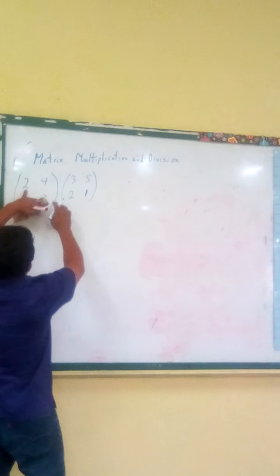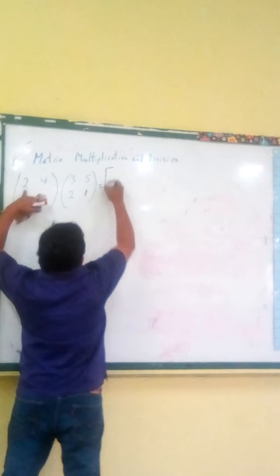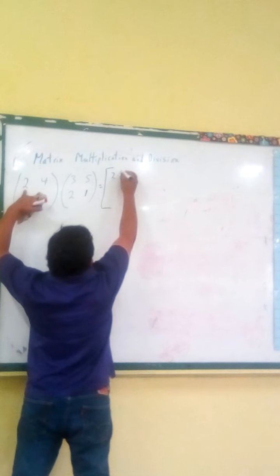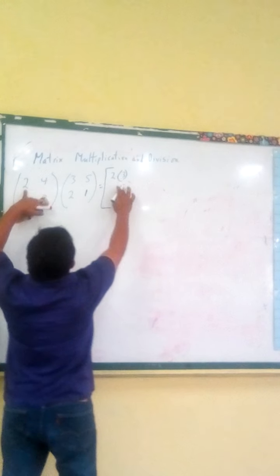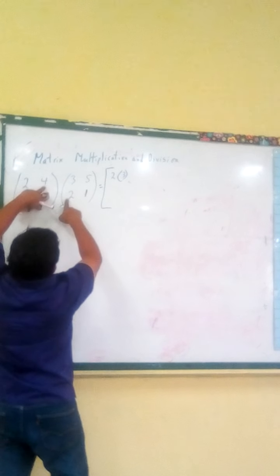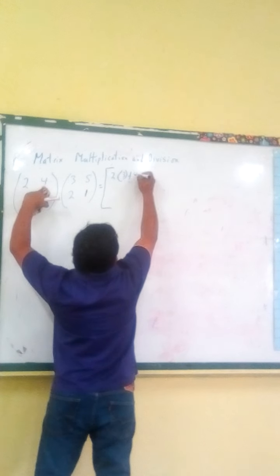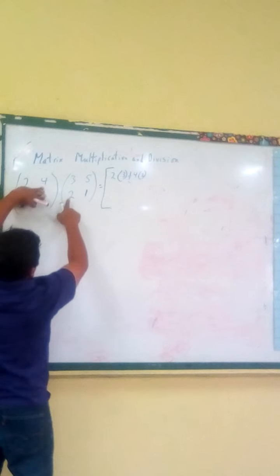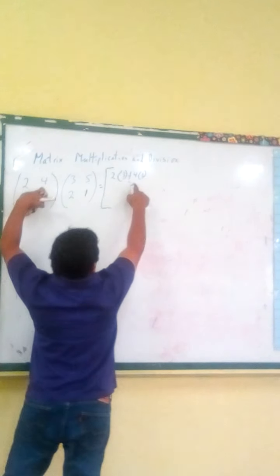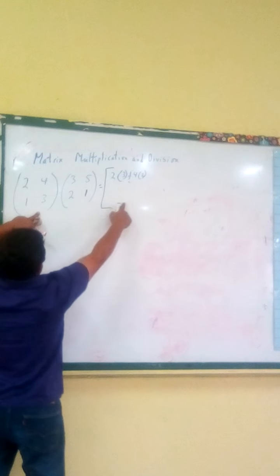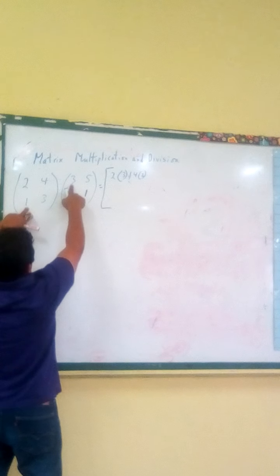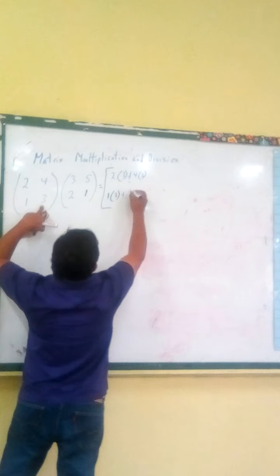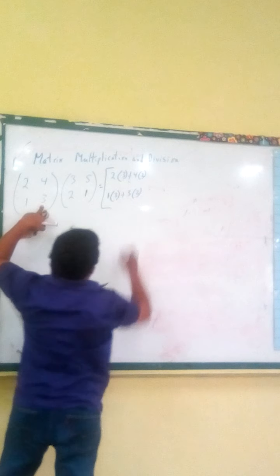We get 3 times 2. Now put in the full work. We get 3, then you put brackets to represent multiplication, and then you put plus the 4 times 2. Remember, 2 times 3 plus 4 times 2. That's our first value. Then we go to the second value here, which will be 1 times 3 plus 3 times 2. Okay?